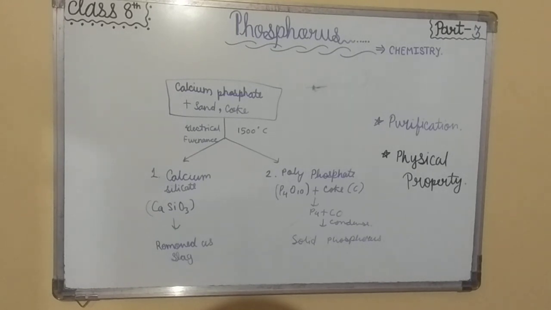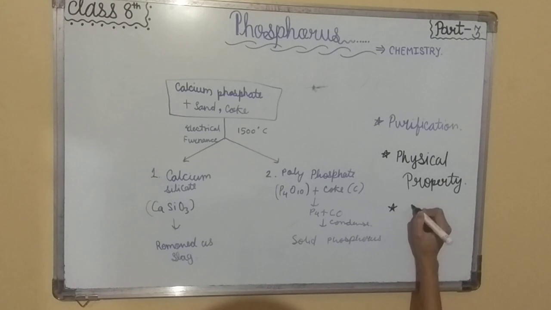Detail is that it is colorless, turns yellow with time. Second is state. Detail is that it is a wax-like solid. Third is odor. Detail is that it has a garlic smell. Fourth is nature. Poisonous, very reactive. Melting point is 44 degrees Celsius, melted only under water.